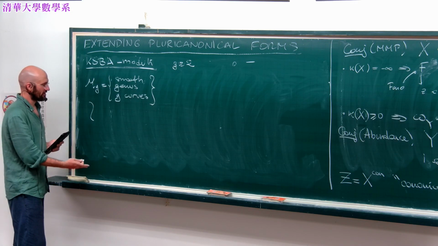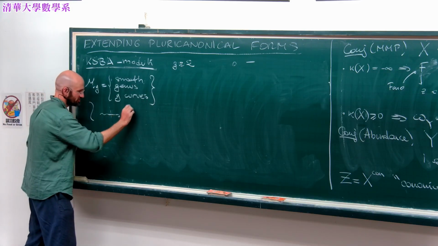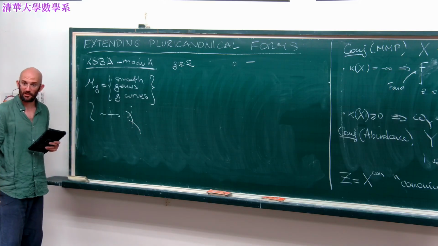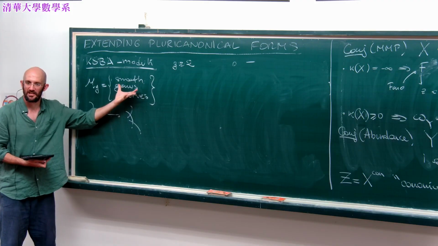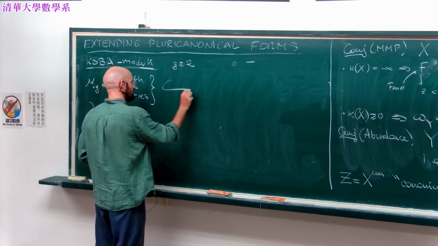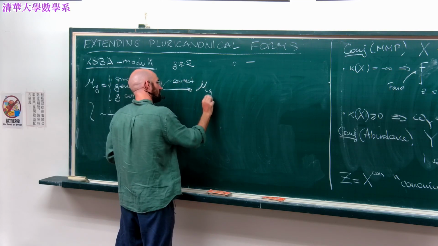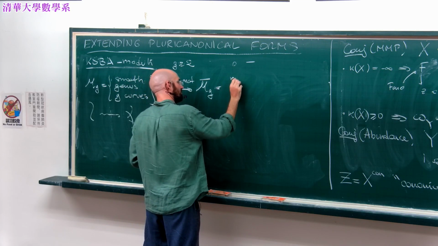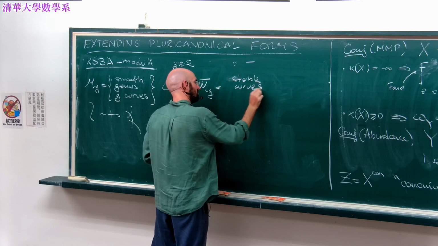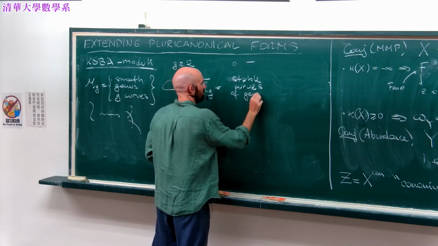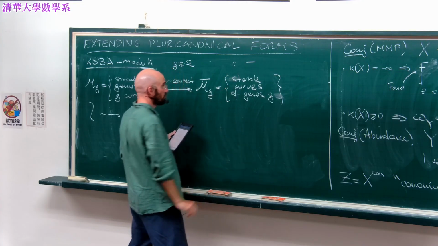And it's not compact for a very simple reason, because if you take a smooth curve, you can always degenerate it to something that is singular. So not every limit lives inside here. However, there is a natural compactification called the moduli space of stable curves of genus g, which is proper.